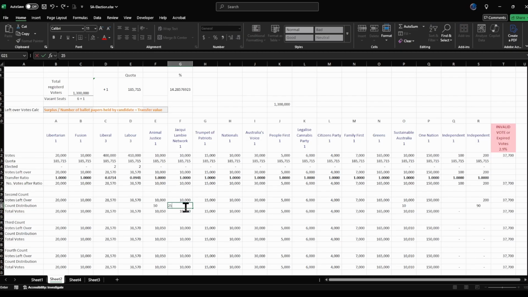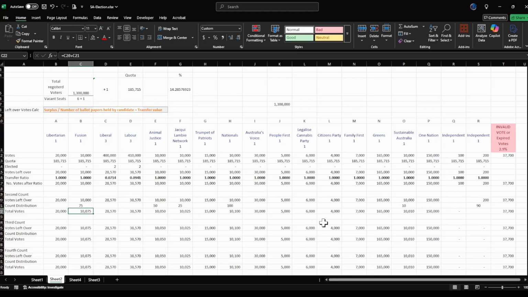I'm doing this because I've got a few that say 10,000, and I just want to make it a bit easier. 100 on that one. And so that was 250. We've got 50, 75, 175, and 75 on that one. So that's how those votes split up.